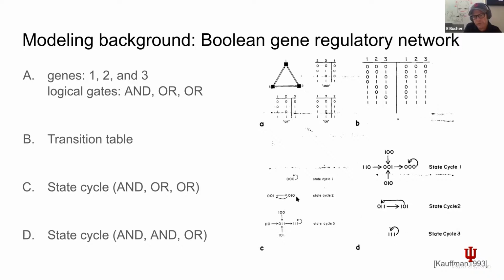Before, when you were in the 111 state, it stayed there, but now all of a sudden we flow into the state 000. This one has changed as well. So there are other genes that now have this periodic cycle. So that's the theoretical background of how gene regulatory networks work.